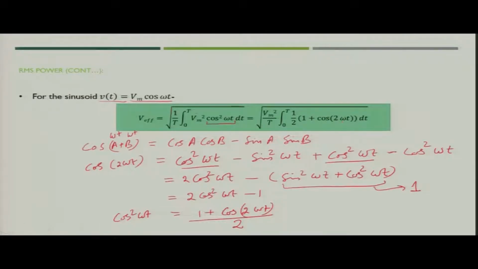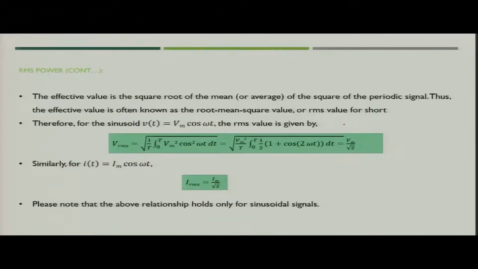Now, if you see this expression, since this is a sinusoidally varying term, the value of this term over one particular time period, that is between 0 to T, will become 0. So, eventually what we are left with is only the term 1. If you simplify by integrating this constant term with dt, you will get the output as Vm by root 2.